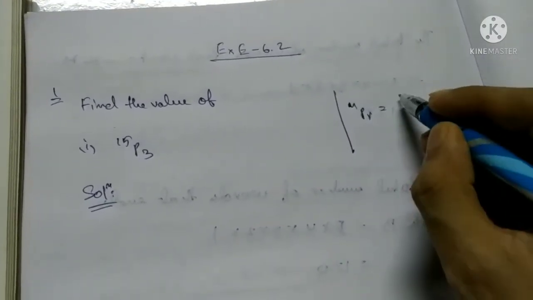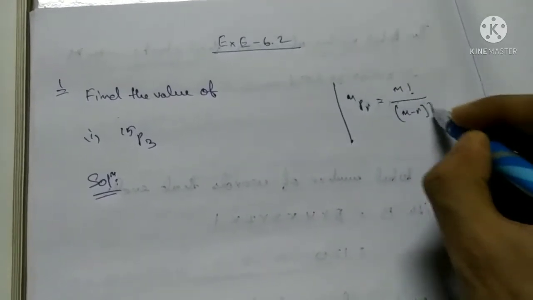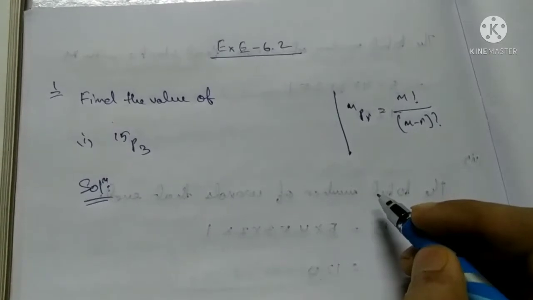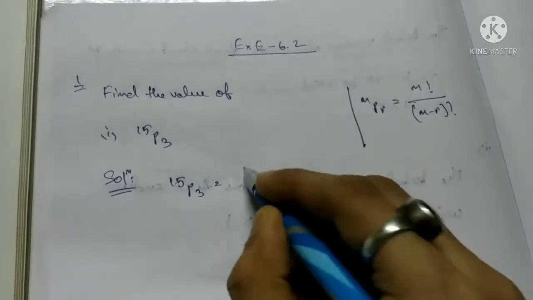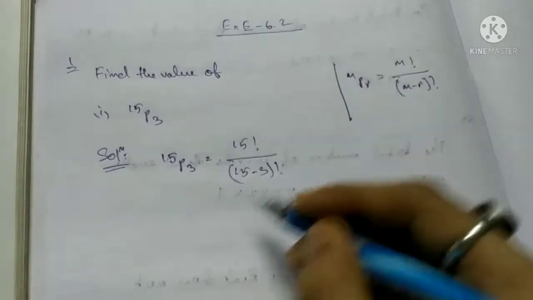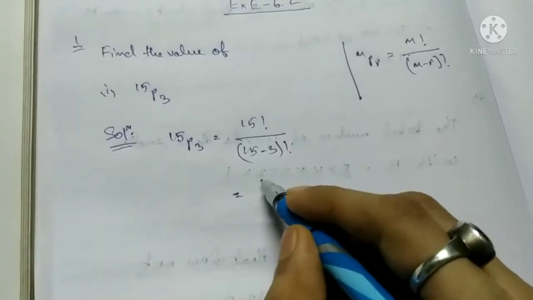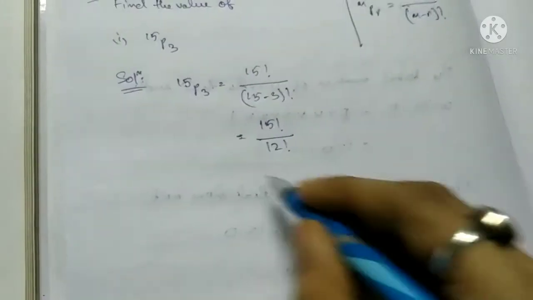In previous videos I have already said that nPr is n factorial by n minus r factorial. So 15P3 will be equal to 15 factorial by 15 minus 3 factorial, which is 15 factorial by 12 factorial.